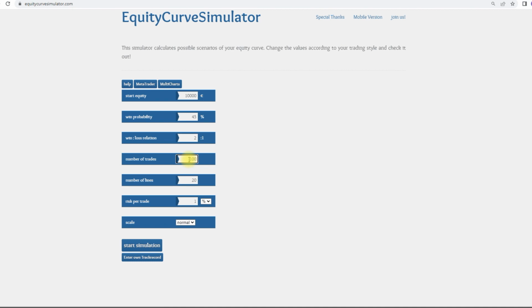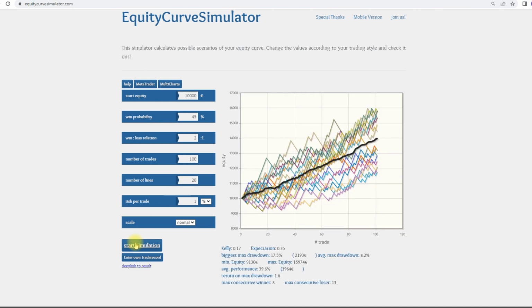Let's say 100 trades, that's fine with our example. And we will have a risk per trade of 1%, which is also fine. What the number of lines means you will see in a little bit, because that's 20 different possibilities of the equity curve. I think 20 is enough to start with, so let the magic begin.